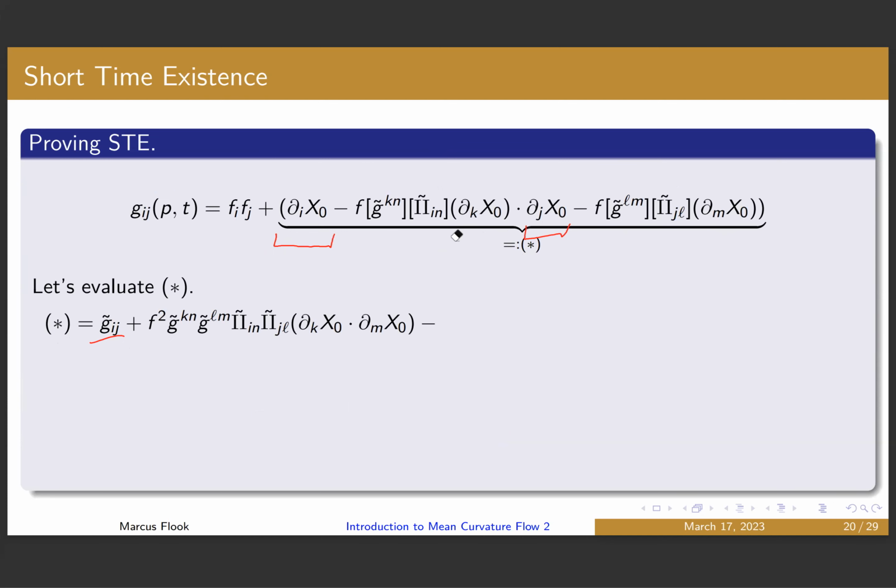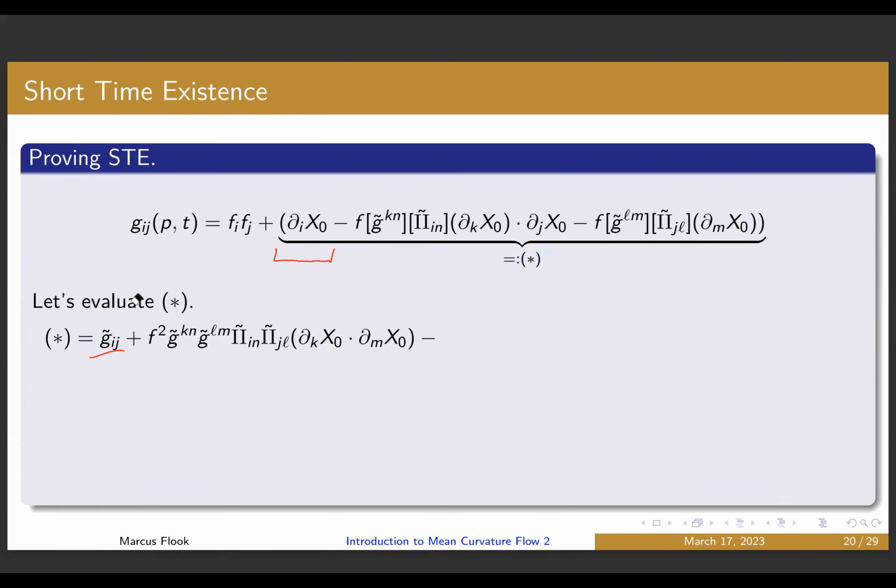What we're looking at here is these coefficients. So these terms here. So we're going to have the f squared, the two metrics on the initial hypersurface, second fundamental form, but we get this nice expression here, which we can express as the initial metric, which we'll hope to simplify as we go on.